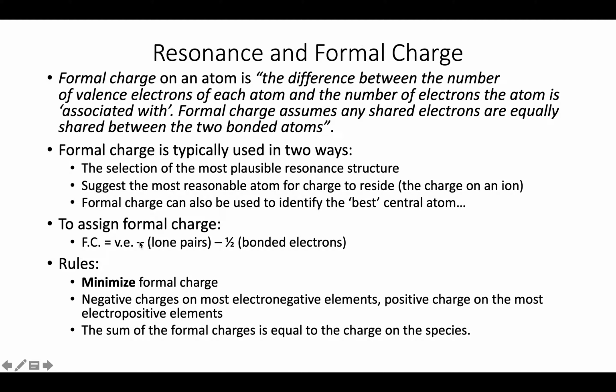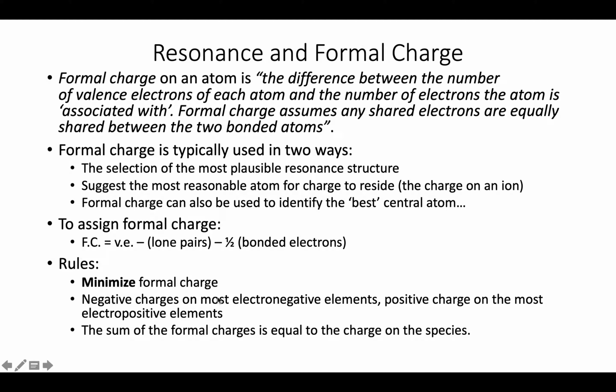So, to assign formal charge is total number of valence electrons minus lone pairs minus 1/2 the bonded electrons, which I'm sure is like, what in the name of common sense are you talking about, Pace? I will show you, I promise. The rules: minimize formal charge. If there is no formal charge in the resonance structure, it's a winner.